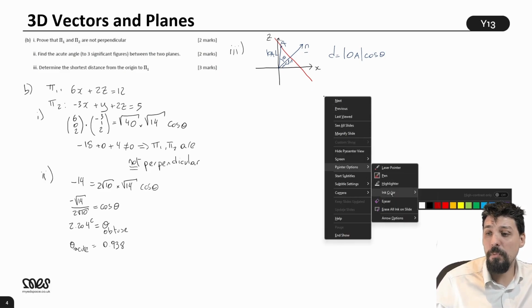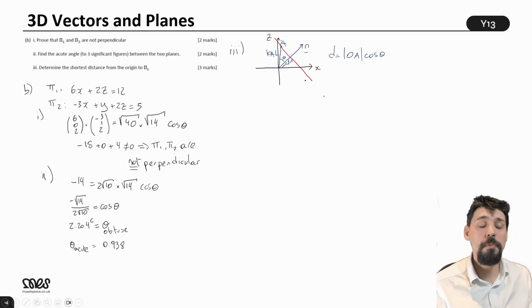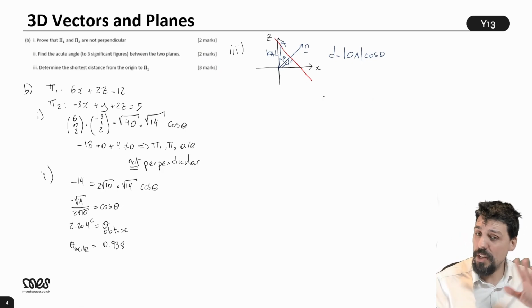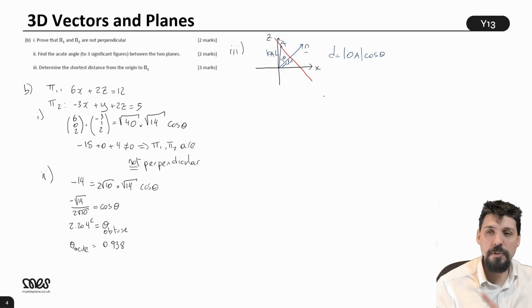Now, depending on your exam board, you might get given the formula for the shortest distance between a point and a plane. Some exam boards do, some don't, which is why I think it's always useful going back and looking at the geometry of this. Now, we do know this normal vector n, so we can use the fact that OA dot n is equal to the length of OA, length of n, cos theta.